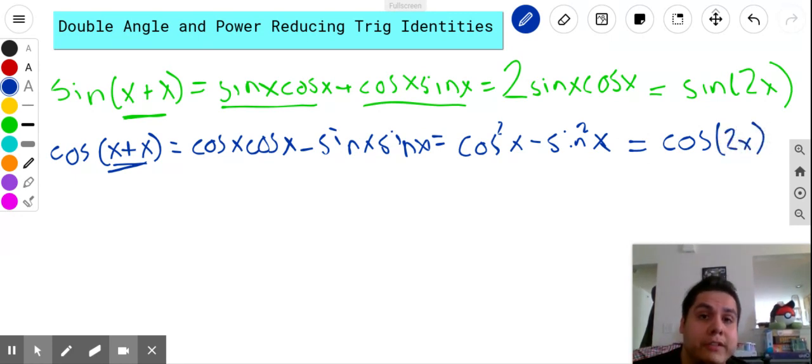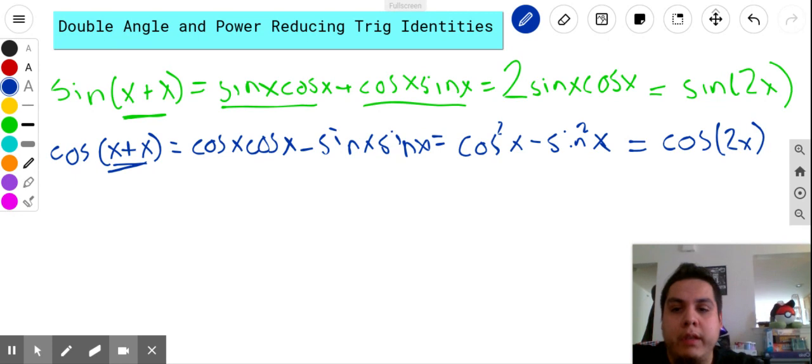However, since we have cosine squared and since we have sine squared, I could access some of my Pythagorean identities and continue to rewrite this. So the cosine of 2x has two more additional forms that you should know exist. And if you forget, you can just do the substitution real quick.